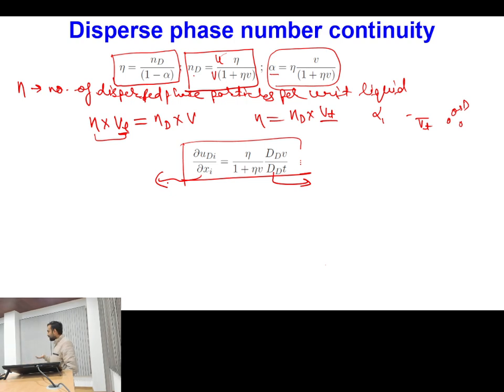Divergence of velocity vector is nothing but volumetric strain. So here I can say that the volumetric strain of the dispersed phase particle is nothing but equal to the Lagrangian derivative of volume of each dispersed phase particle, with some correlation of eta by 1 plus eta. Is this one clear?